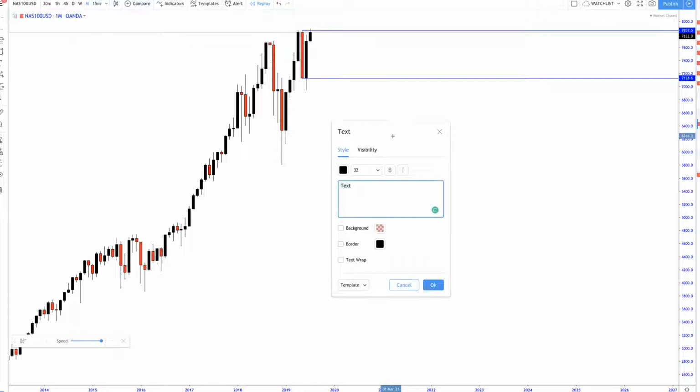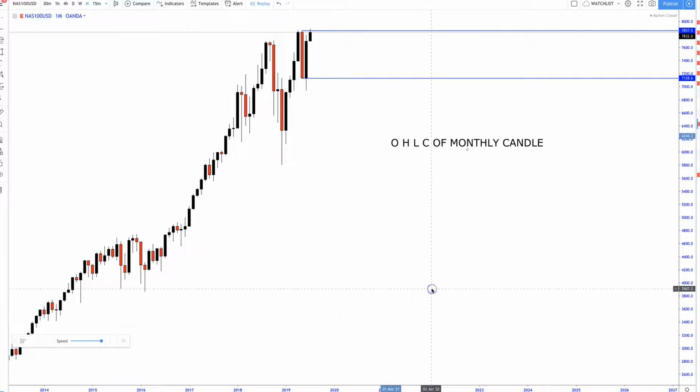May was quite Marubozu-ish. You're normally going to take the OHLC of the monthly candle. What does that mean?